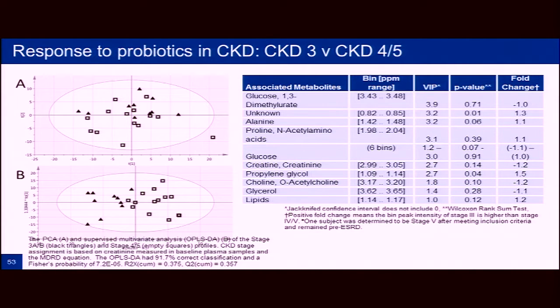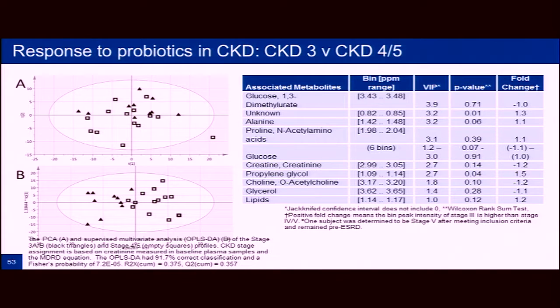One of the things we were concerned about based on the difference in BUN at baseline was maybe the pattern we were seeing is just reflecting a difference in kidney function at the beginning of the study. So we also looked at the difference between people with CKD stage 3 and those with CKD stage 4.